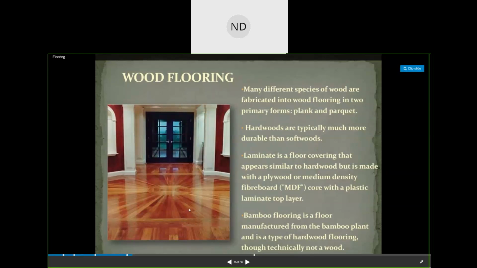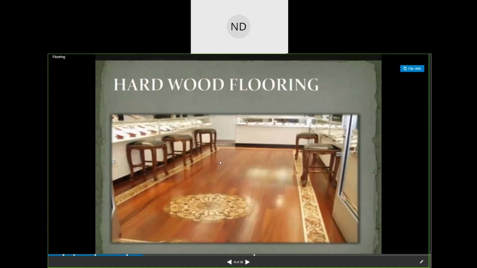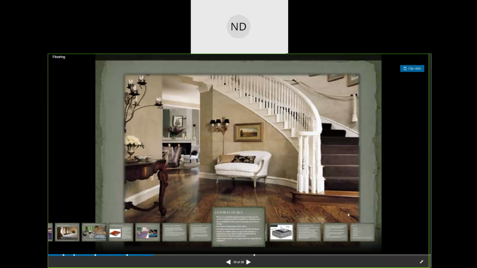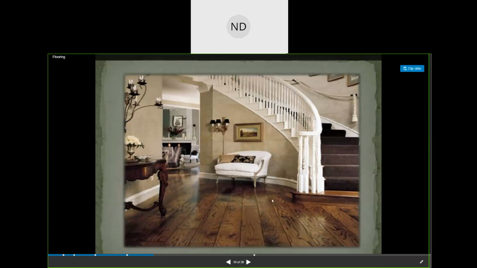Technically it is not a wood, but you can use bamboo, polish it, and then give the covering layer, so it will look like wood flooring. These are the hardwood flooring. You can see here, these are your hardwood floorings, polished, in different types of hardwood floorings.